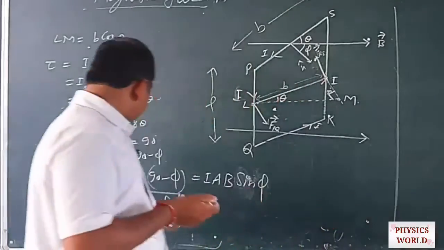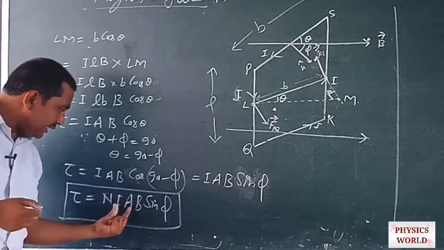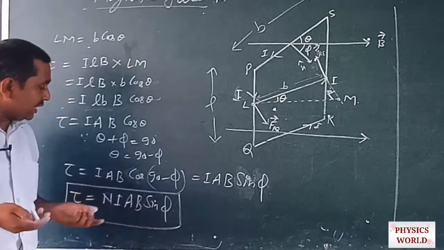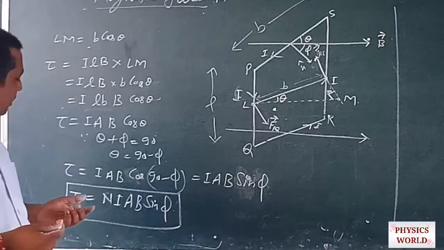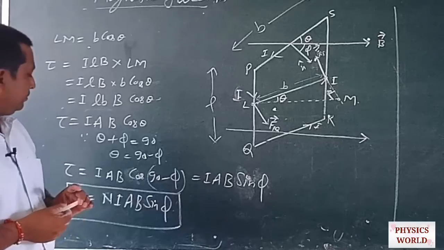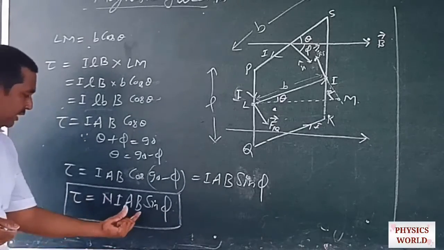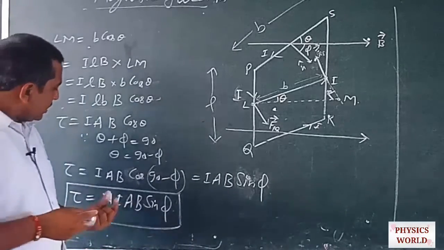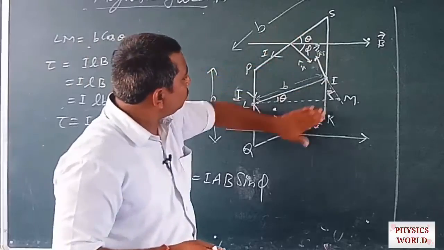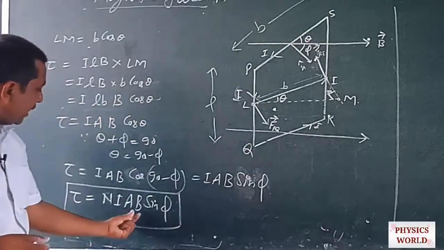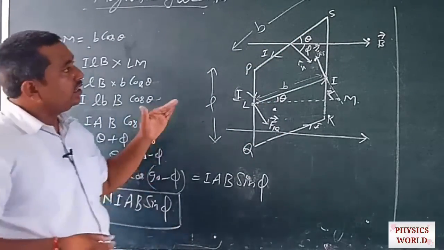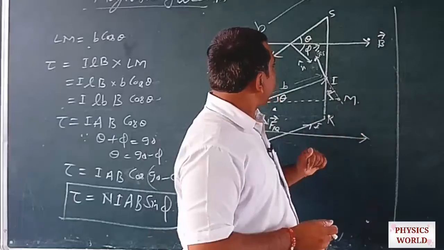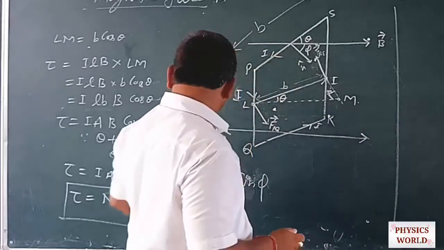Since we know that the product of this I and A is defined as a term known as the magnetic dipole moment. Now from here, A is the area vector of this plane and B is the magnetic field in which the coil is present.